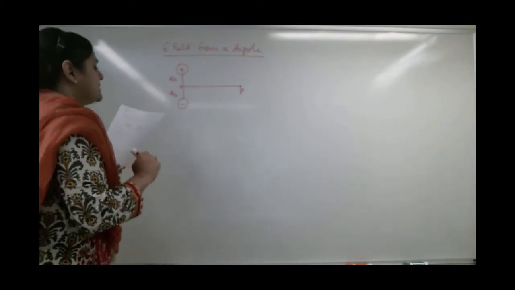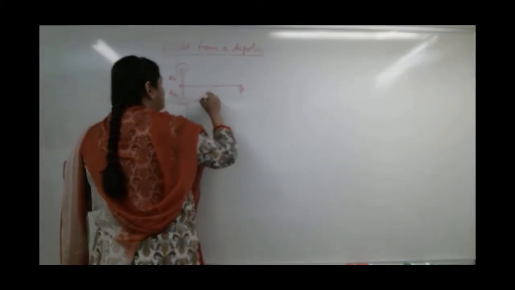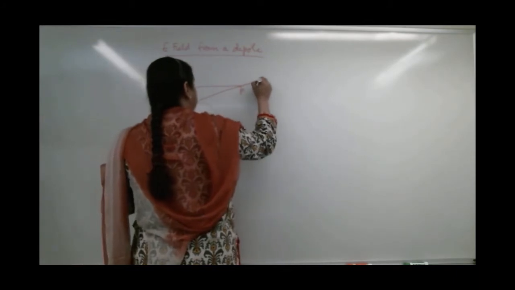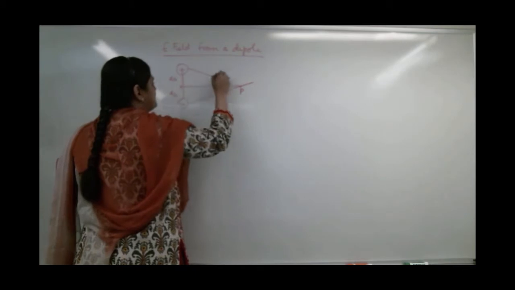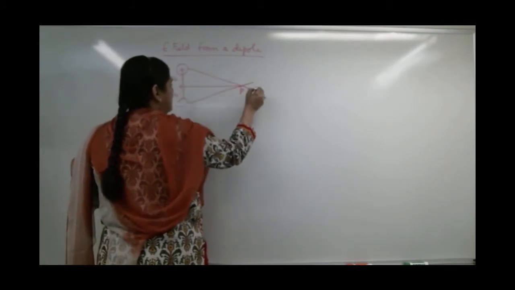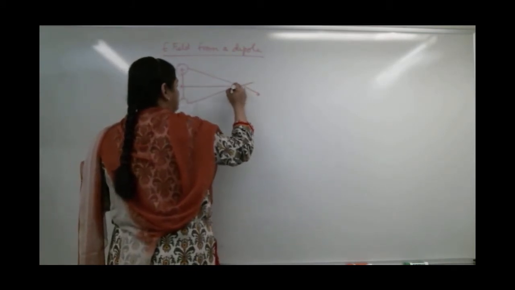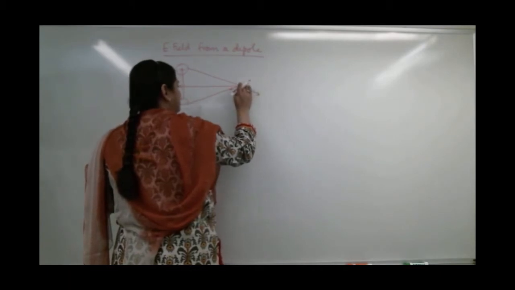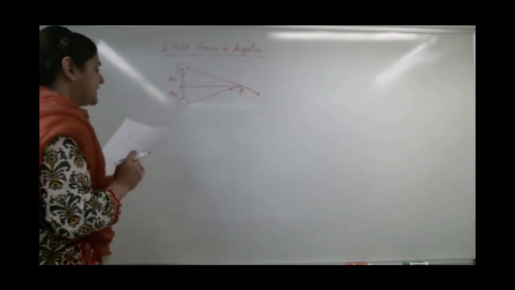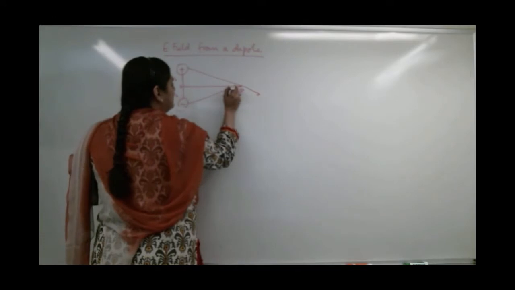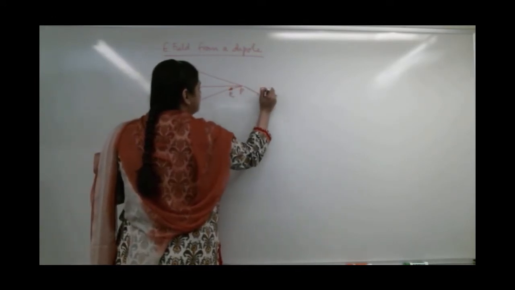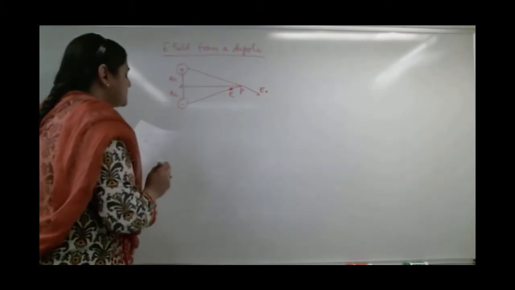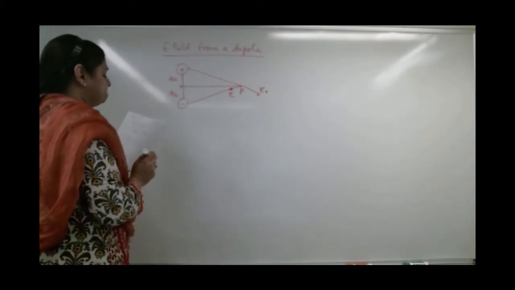The E field of the positive charge points away from it, and the E field of the negative charge points toward it. I'm going to call these E minus and E plus. These are the two fields that we're going to have.